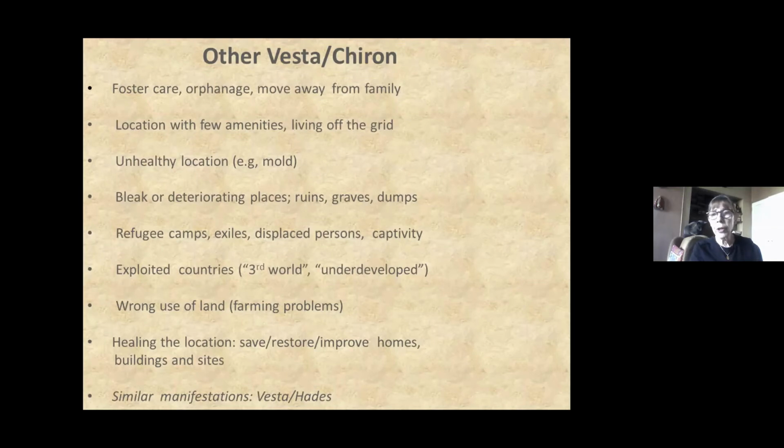The wrong use of land, let's say when you are trying to farm land that's not hospitable to farming. And healing the location, saving, restoring, improving homes and buildings and sites. Similar manifestations, not so much for the restoration, but for the underdeveloped and the ruins, is Vesta Hades.